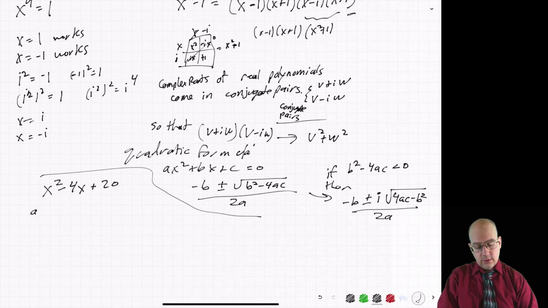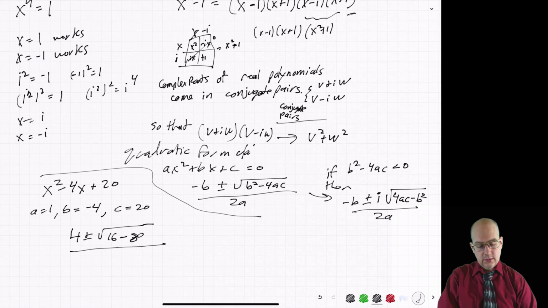So a equals 1, b equals minus 4, and c equals 20, right? And so the quadratic formula would say you've got 4 plus or minus the square root of 16 minus 80. You know what? I guess maybe I do care.